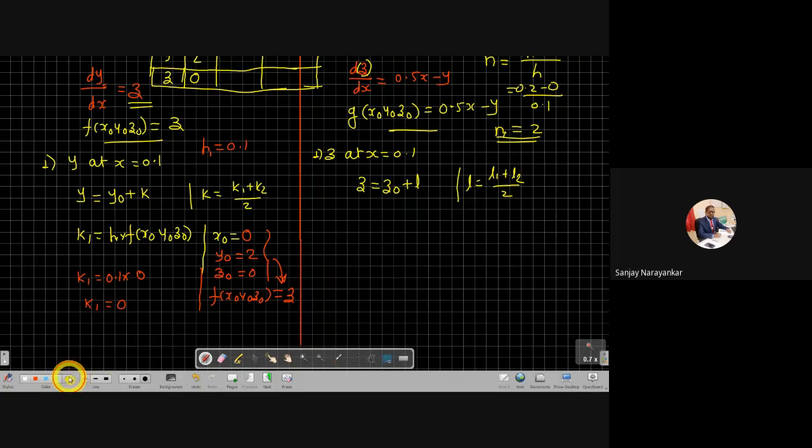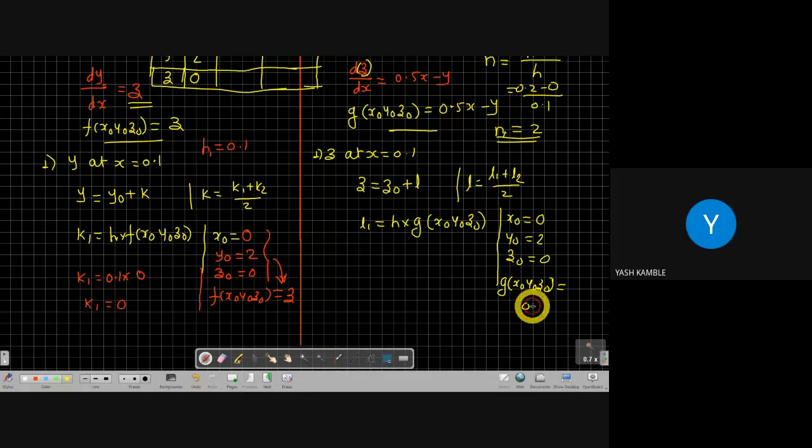Let us find that. So L1 is equal to h into g of x0, y0, z0. So where again x0 is equal to 0, y0 is equal to 2, and z0 is equal to 0. But this time you have to find out g of x0, y0, z0. So what is the difference? It's g of x, y, z, काय आहे? 0.5x minus y. 0.5 into 0 minus 2. So you have to substitute all these values in this function.